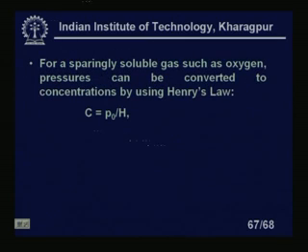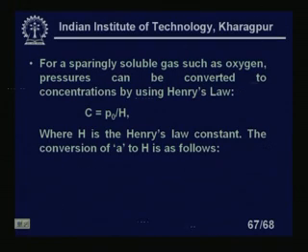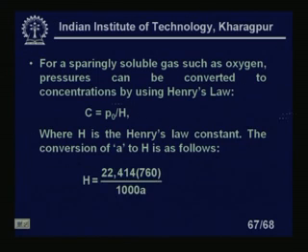For a sparingly soluble gas such as oxygen, which is very difficult to dissolve in the bulk medium, the pressure can be converted to the concentration by using Henry's law, which is given by C equal to P0 by H, okay, where H is the Henry's law constant, and the conversion of A to H is as follows: H equal to 22.414 at 760 millimeter of Hg upon 100 A.